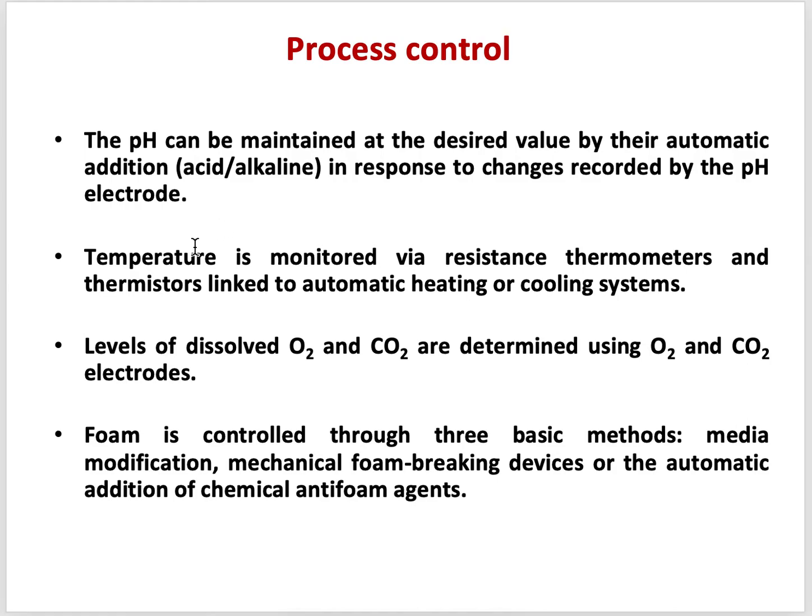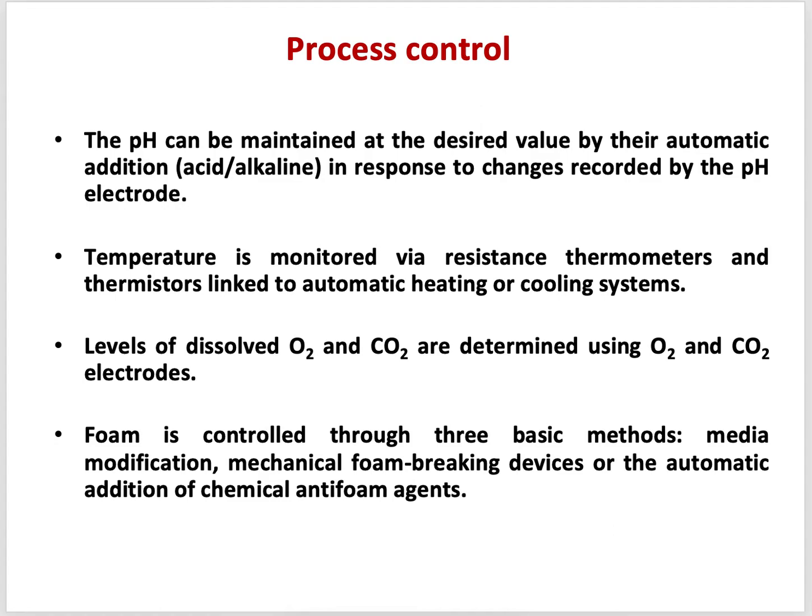Temperature is monitored via resistance thermometers and thermistors linked to automatic heating or cooling systems, and levels of dissolved oxygen and carbon dioxide are determined using oxygen and carbon dioxide electrodes. Foam is controlled through three basic methods: media modification, mechanical foam breaking devices, or the automatic addition of chemical anti-foam agents.